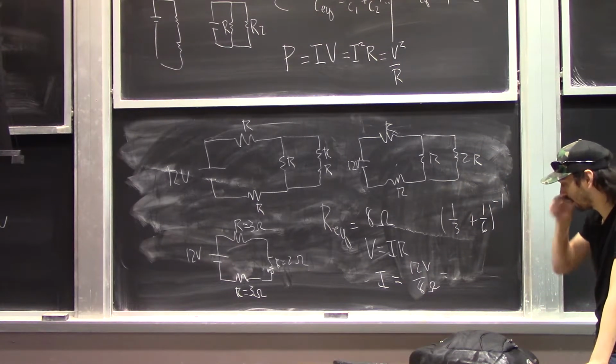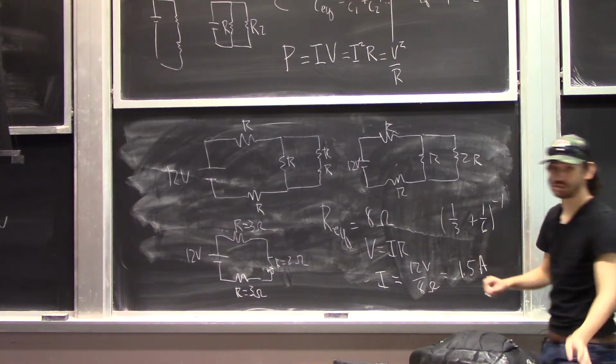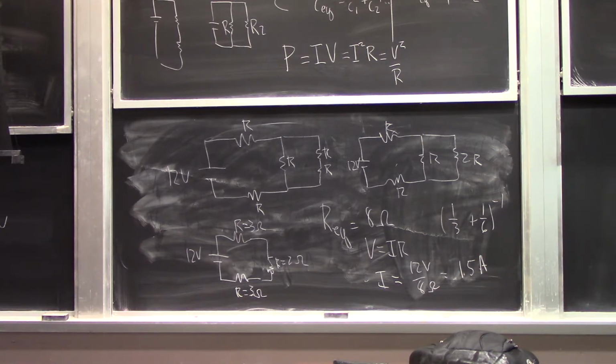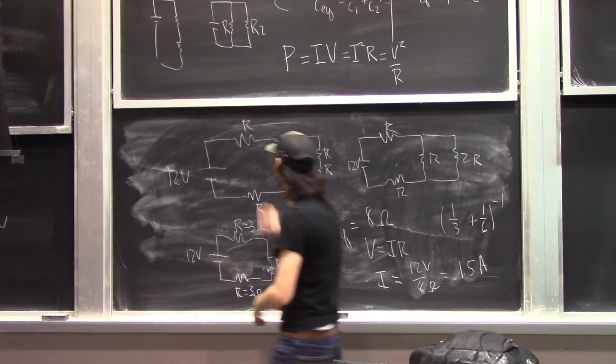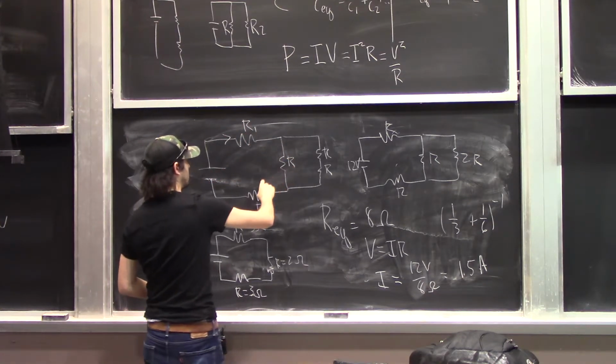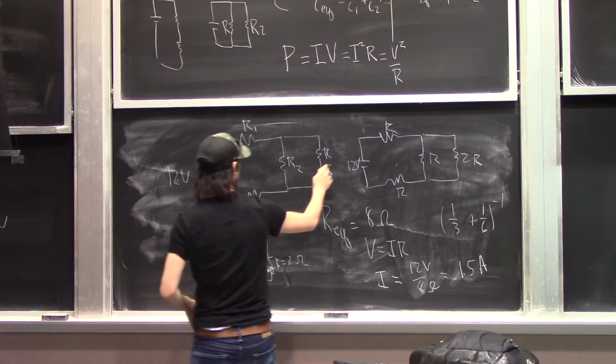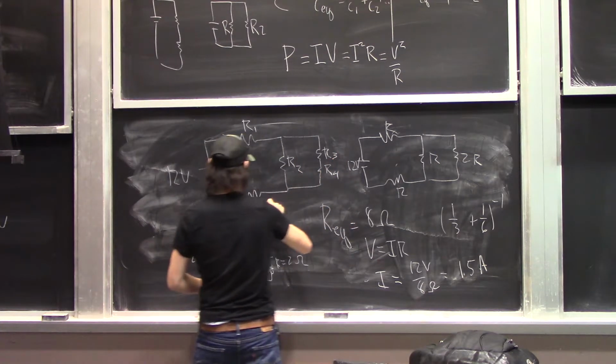This is going to give us 1.5 amps. Now that we have this 1.5 amps, let's label these correctly. This is R1, this one is R2, this is R3, 4, and 5.